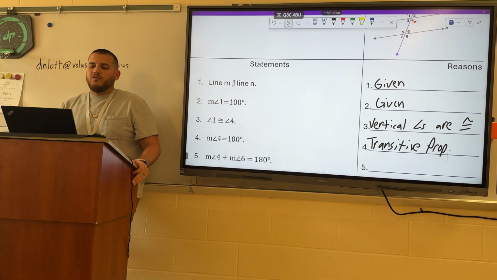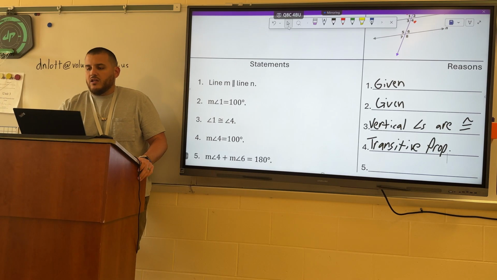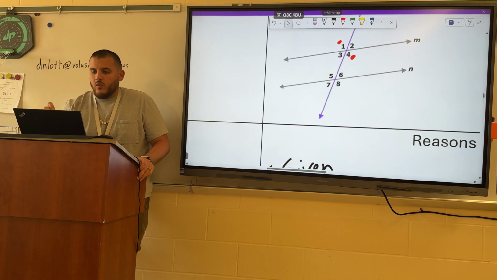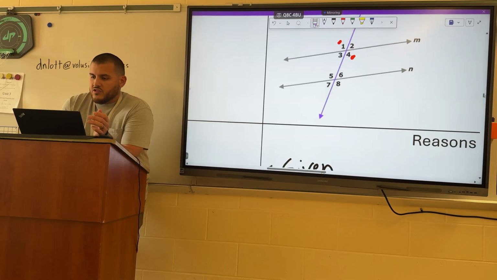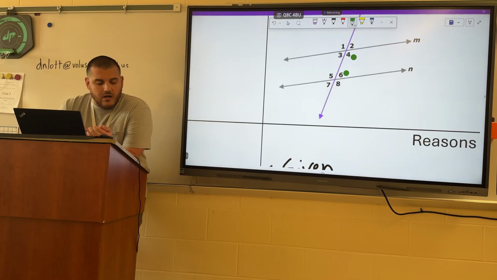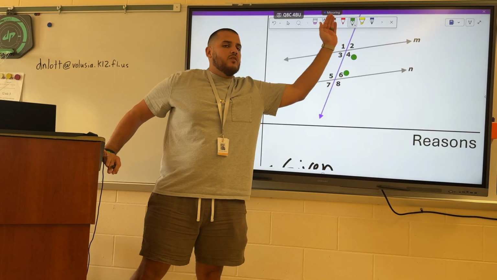Next we have angle 4 plus angle 6 equals 180 degrees. So again, we're going to look in here at our figure and determine why this statement is true. All right, so where 4 and 6 are located, where my green dots are right here, those are in between lines M and N. They're both on the right side of our transversal.